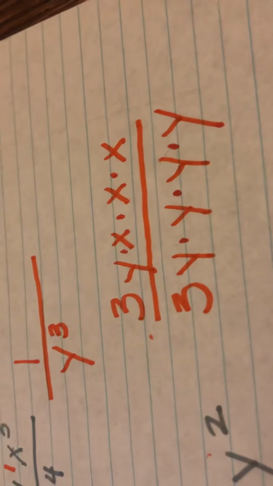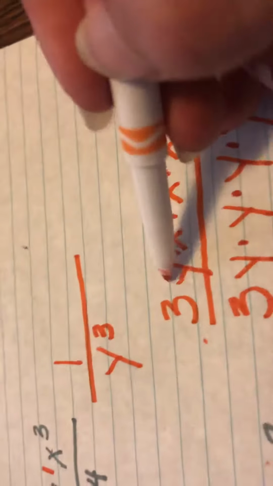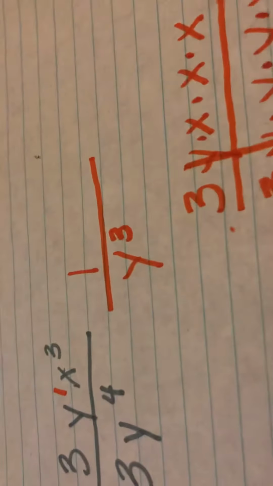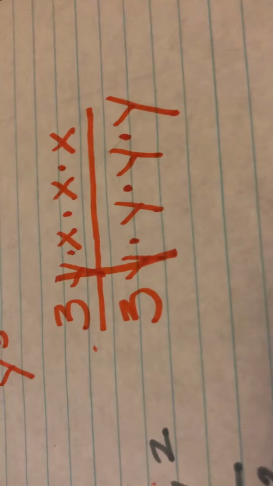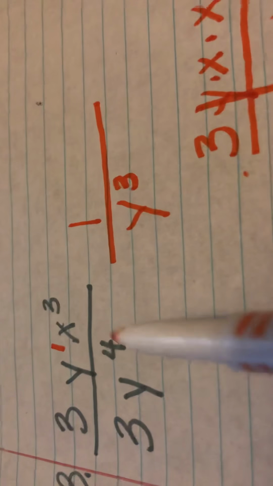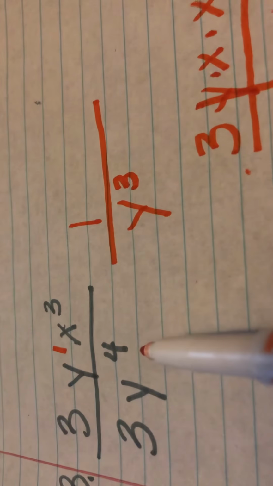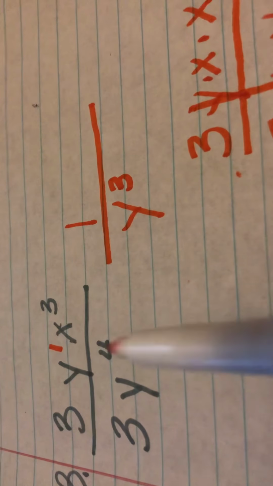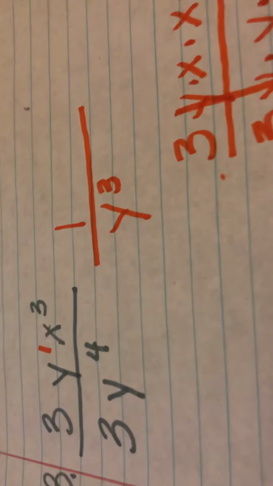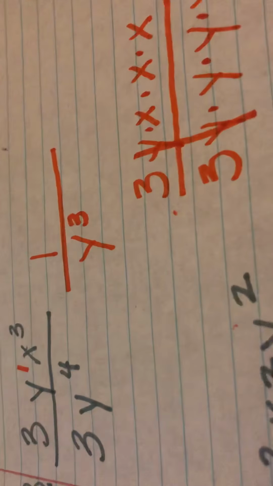Because what happens there is these cancel out, so I don't have any y's on the top. The 3 remaining y's that I have are on the bottom, because like I said, I have 3 more on the bottom than I have on the top. 4 minus 1 is 3, but the 3 are on the bottom of the fraction bar. It's still part of the denominator.